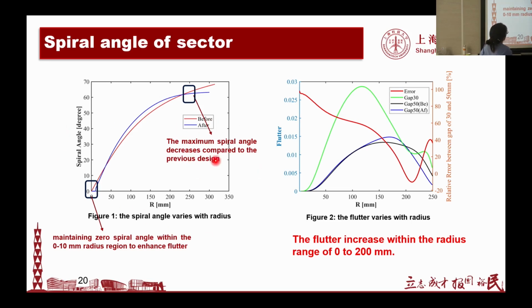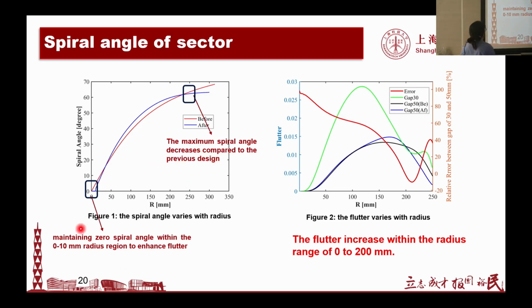Figure 1 is the spiral angle versus the radius. The blue line is the optimized result. We can see that the maximum spiral angle decreased compared to the previous design. I think it is good for engineering.